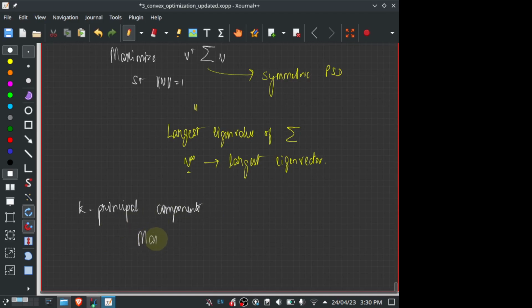The goal would be to maximize the expectation of norm of V transpose X, where X is the random vector in R^n, and V is an n by k matrix with orthonormal columns.